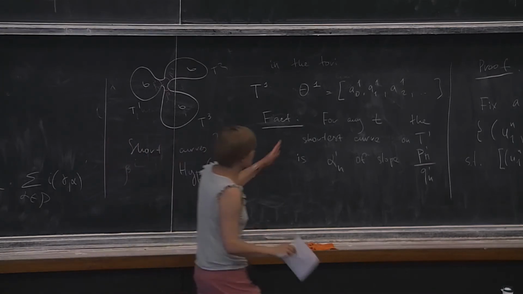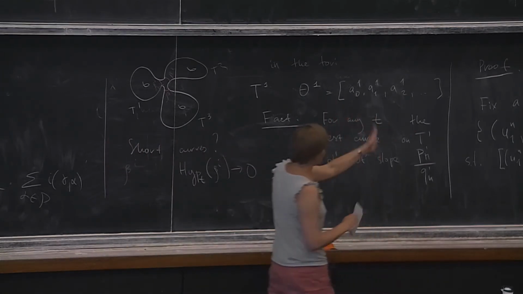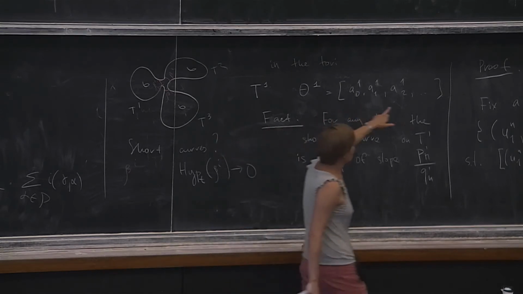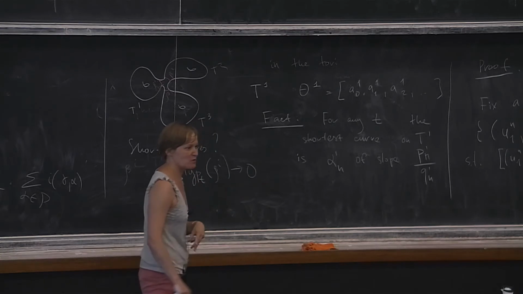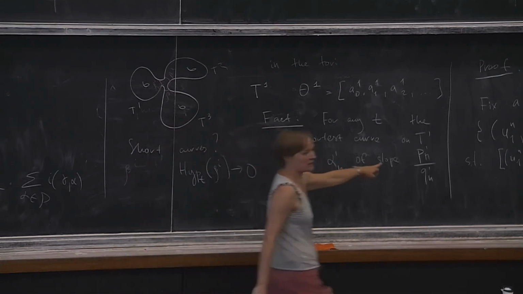Okay, so convergent again, you take the first n plus 1 coefficients, and that gives you a rational number, and it's that.